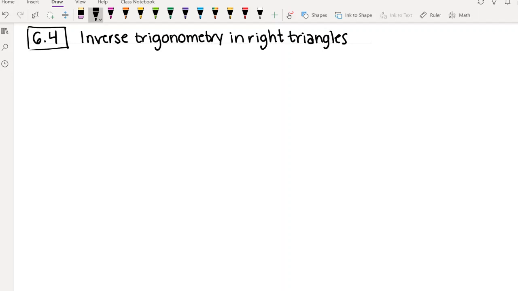So I want to start by reminding you what we were doing with right triangles earlier on in the quarter. We're not really getting into inverse trig just yet.